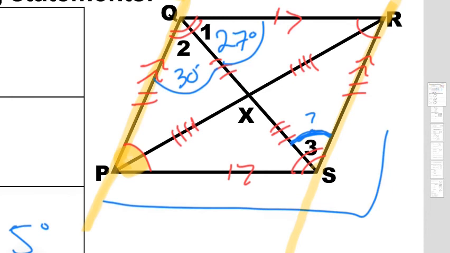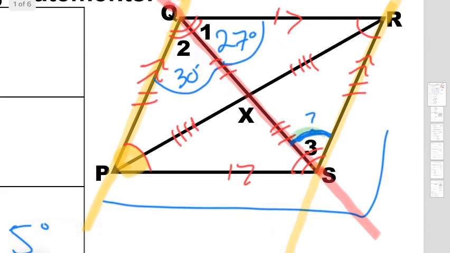That's important because if these two lines are parallel, and this, which is your diagonal, is also serving as a transversal, which means we have alternate interior angles.